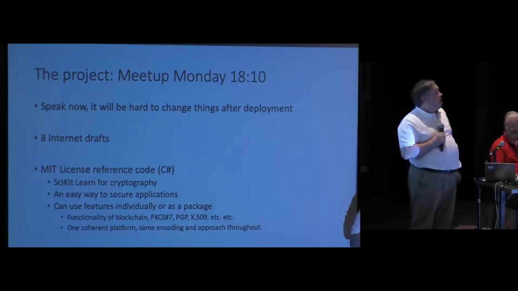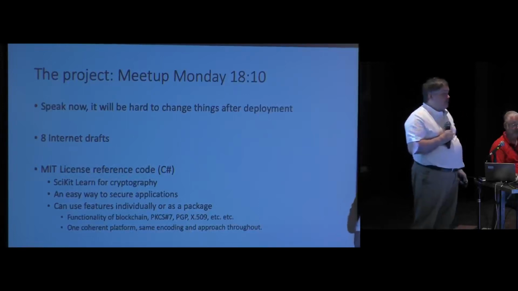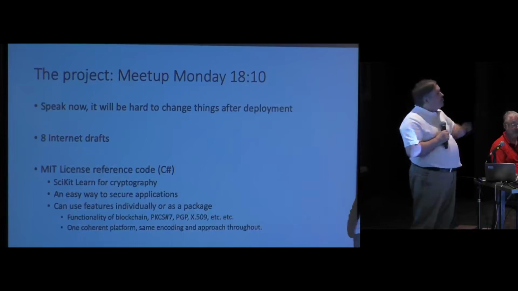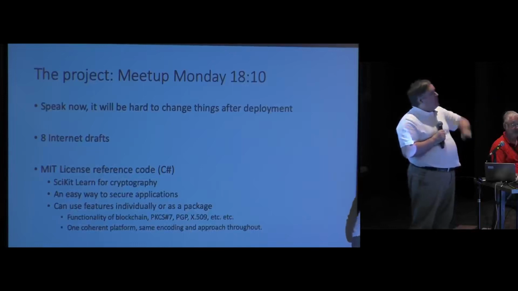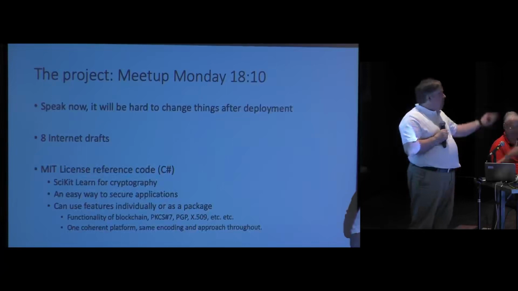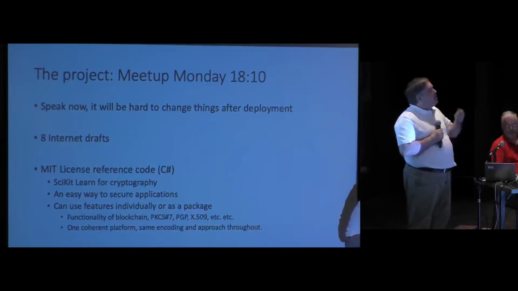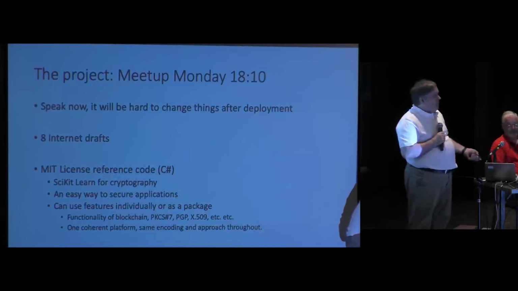So the reference code is an attempt to do the same thing for cryptography. You've got all the same goodness of blockchain, PKCS7, PGP, X509, and so on, but in a much smaller library. Because if you make all the systems use the same unified approach, you can get rid of a lot of code. I've gotten rid of 2/3 of the code over the past 2 years.